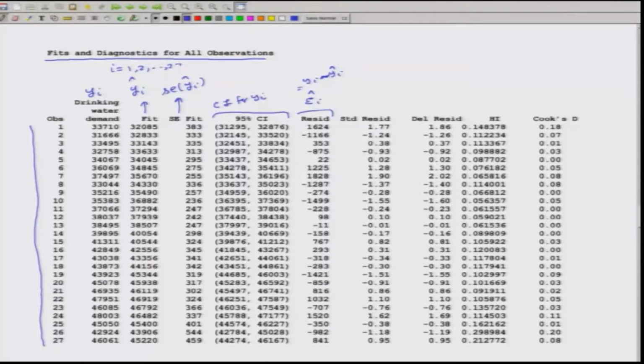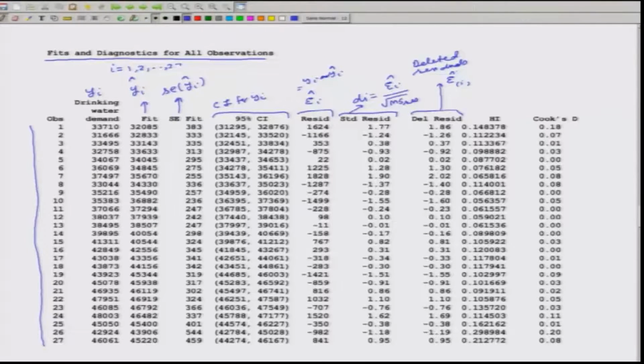And these are our standardized residuals that we had denoted in our symbolic language as di, which was epsilon i hat divided by square root of MS res. And this is our deleted residuals, which we had denoted as epsilon i bracket hat.